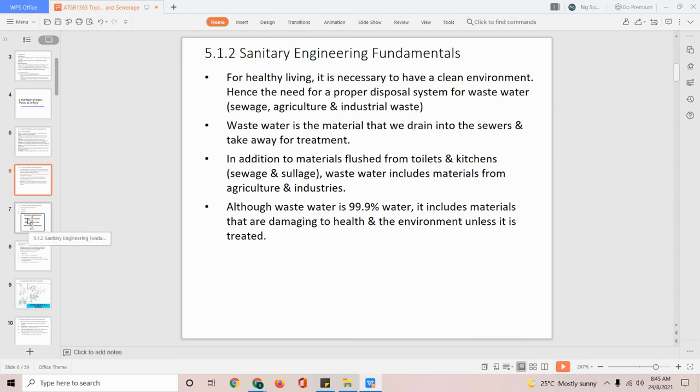But this 1% or 0.1% is actually very damaging to our environment if it's in a very huge quantity, like in a very big city. We can produce a lot of waste and it will damage our environment, which is very bad. But if you are in a village, it will not impact our environment so significantly because the amount is very little. So we can get away with that.